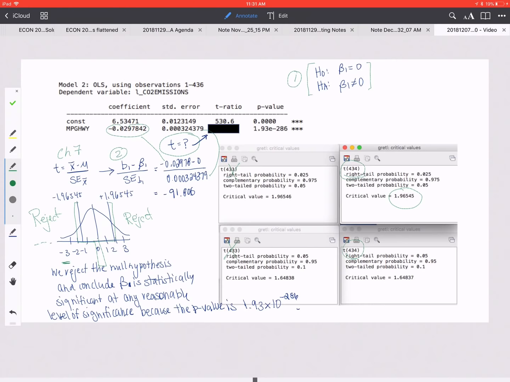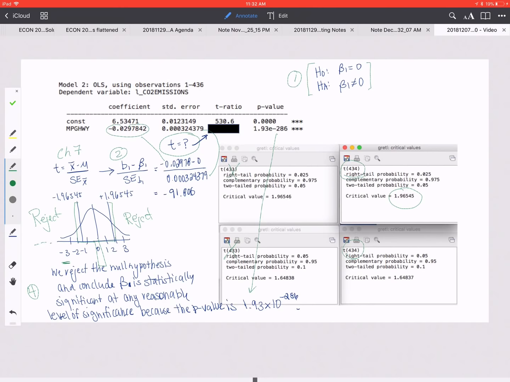That leads us to our conclusion, which is step 4. We reject the null hypothesis and conclude that beta 1 is statistically significant at any reasonable level of significance because the p-value is 1.93 times 10 to the negative 286, which I got from up here. Or you could write that with respect to the critical value.